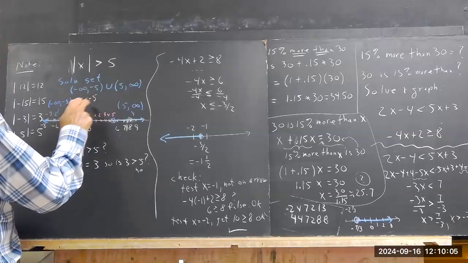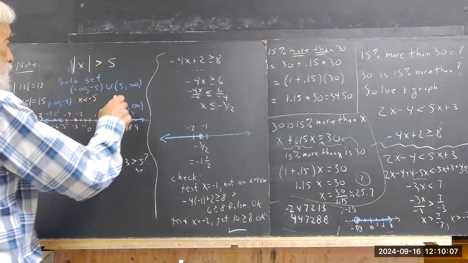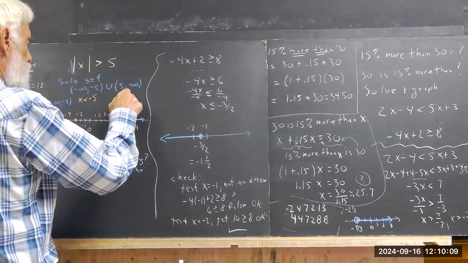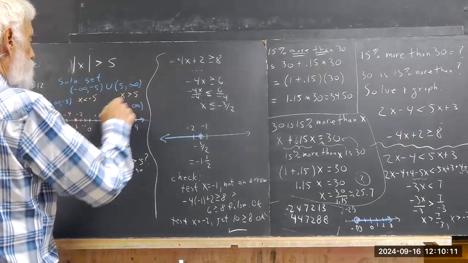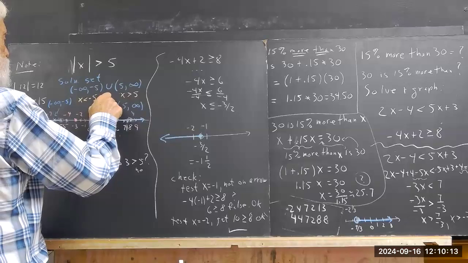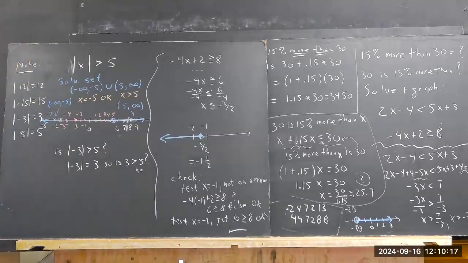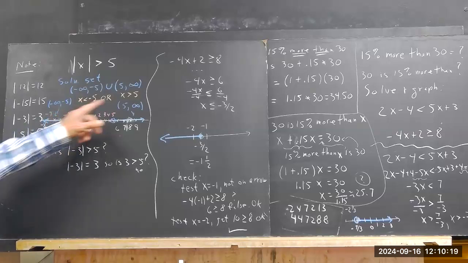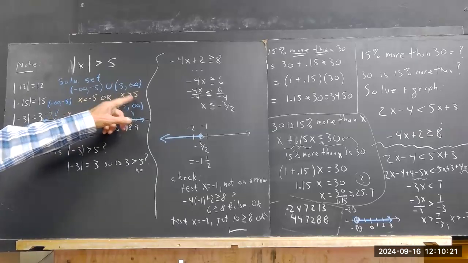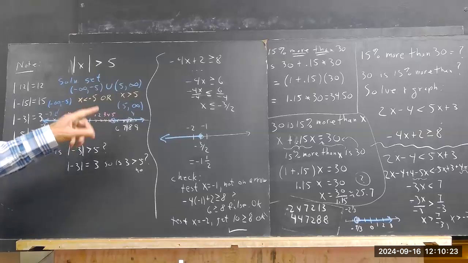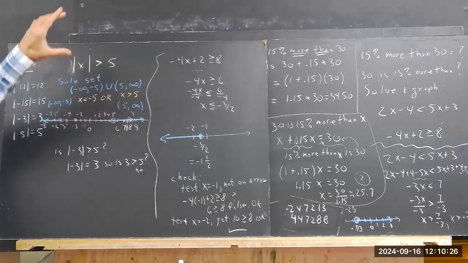this is another way of writing x is less than -5, and this is another way of writing x greater than 5. And a union means it's in one set or the other. X can't be here if it's here. It can't be here if it's here. It can be here or here, and it's a solution.